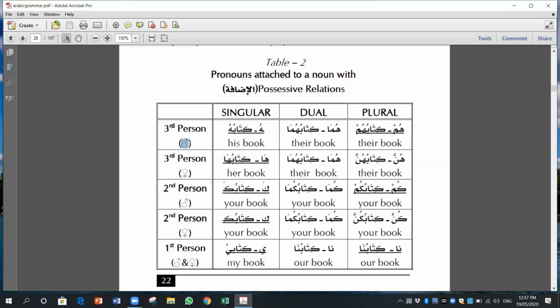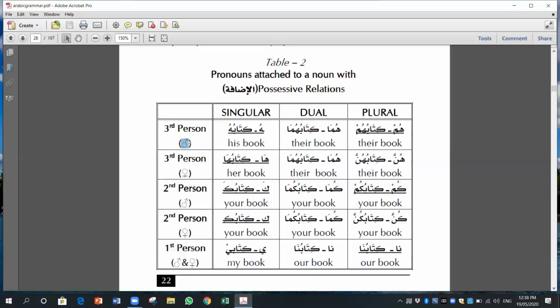These pronouns show some possession. So we conclude: whenever a pronoun is attached with a noun, it will always create a possessive relation.